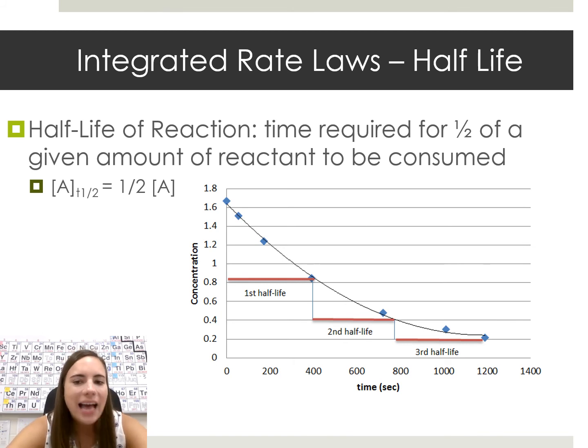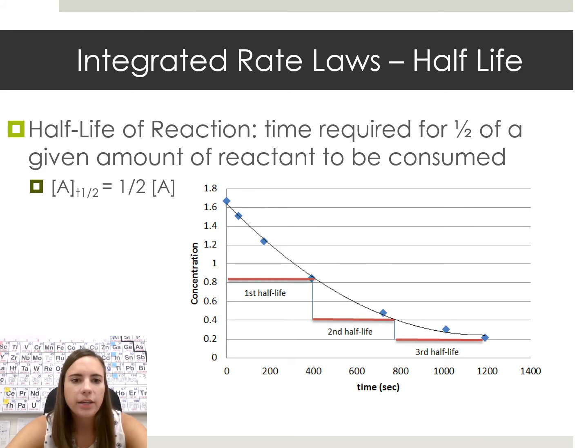Okay, so last thing for this topic of integrated rate laws. So because integrated rate laws relate time to concentration, we can use them to analyze half-life. Half-life is something that you've seen before. You saw it in regular chemistry, you've looked at it in math class because it's an example of exponential change, but it's the time required for half of something to be consumed, or to decay, or whatever.